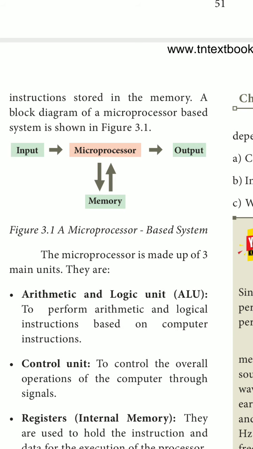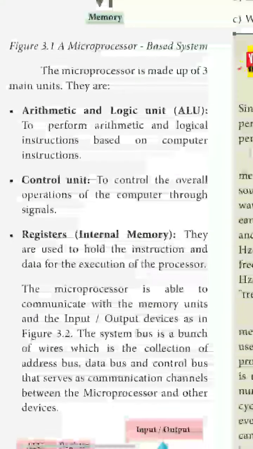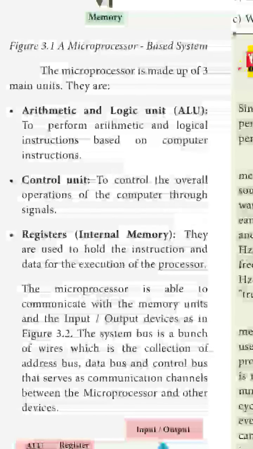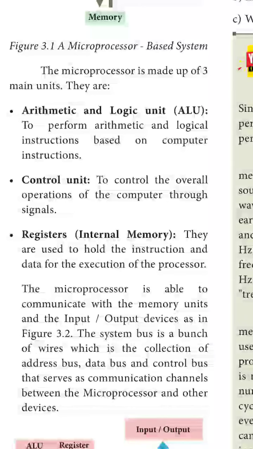Next, the microprocessor is made up of three main units: arithmetic and logical unit, control unit, and register. The arithmetic and logical unit performs arithmetic and logical instructions based on the computer instruction.